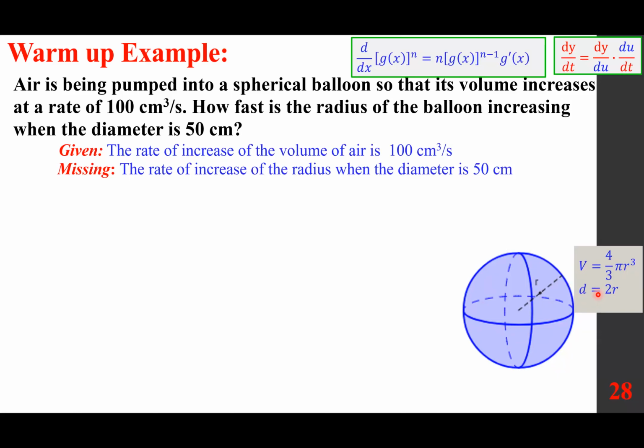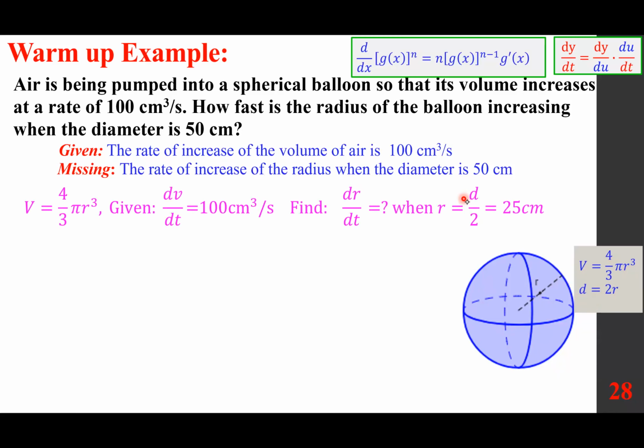Therefore, we use this formula. Given dV/dt is 100 cubic centimeters per second, we want to find dr/dt when the radius is 50 divided by 2, or 25 centimeters. This is the part where you've translated this into the beautiful language of math, and you're ready to move on.